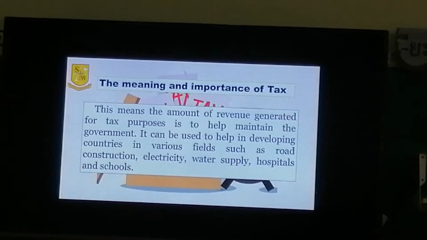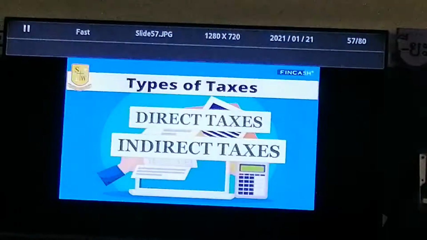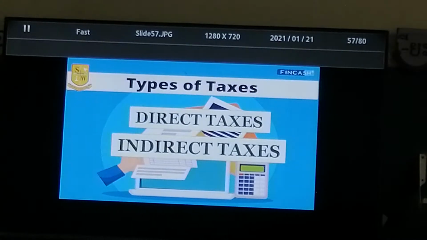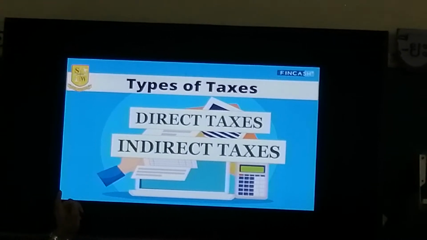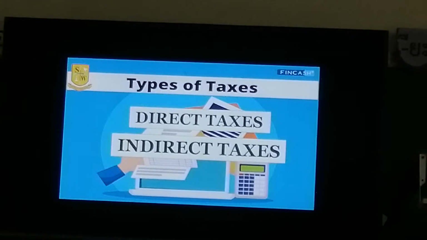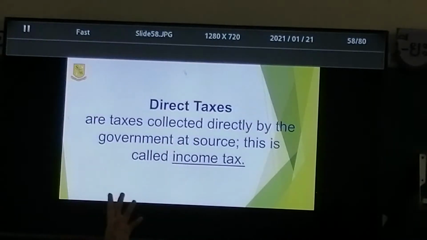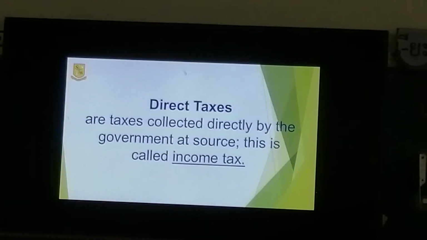Okay, let us know what the types of taxes are. So we have two types of taxes. We have direct taxes and indirect taxes. Remember, two types of taxes, direct and indirect. Direct tax is collected directly by the government at source. So people and businesses pay tax to the government.